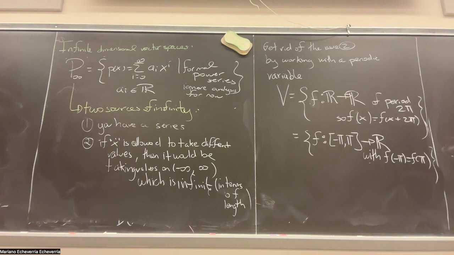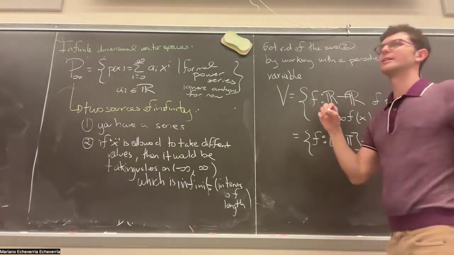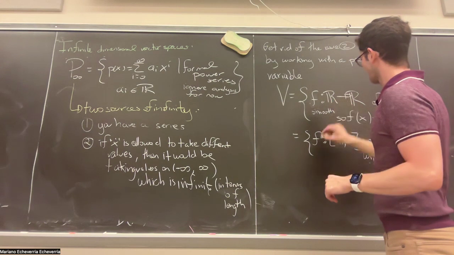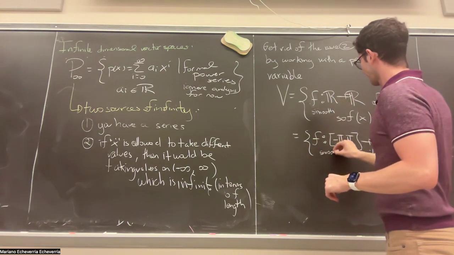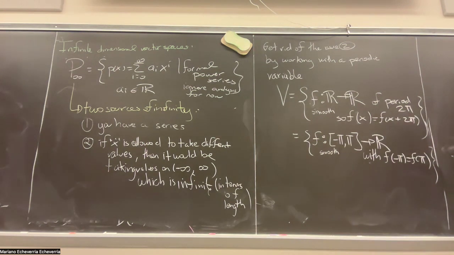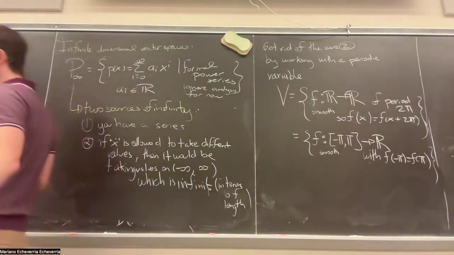And just to make our life easier for now, I'll assume that the functions are smooth, meaning you have all the infinite derivatives, and they're continuous. It's a bit of an overkill, you don't really need that, but it's nice to do it that way.